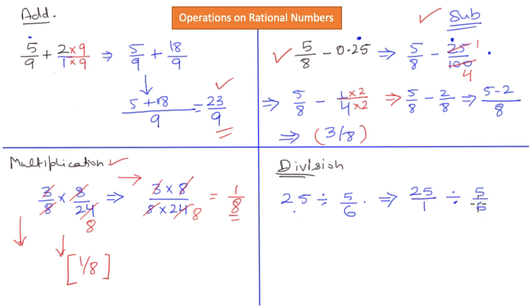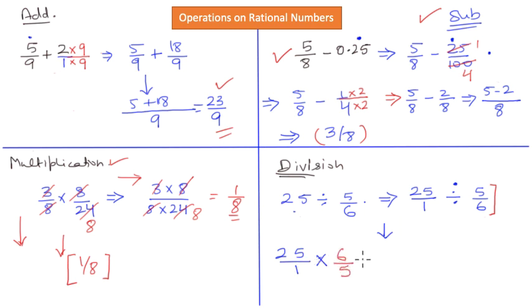Now you're dealing with the case of division of two fractions, and what is the trick you have learned in the past? The trick we have learned is to write the first fraction as it is, 25 over 1, convert the division sign into a multiplication sign, and flip the second fraction, which is the divisor, 5 over 6, find an inverse of that. An inverse will be 6 over 5, and that becomes a multiplication with the first fraction.